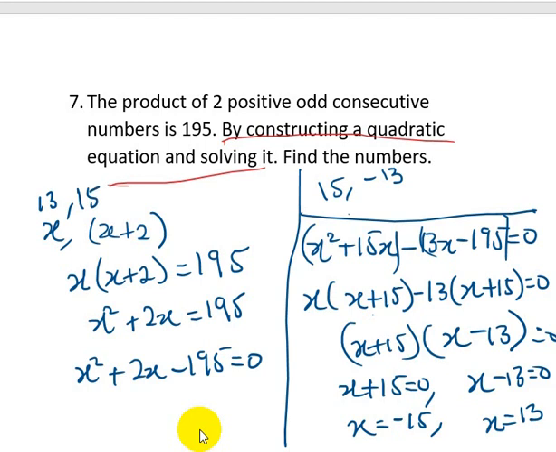So 15 and 13, when we multiply them, we get 195. That's the positive odd numbers they are talking about. But we did not use minus 15 here because they said positive. So we can't use the minus 15. So we just use the 13 and add 2 to 13 to get 15 for the consecutive numbers.